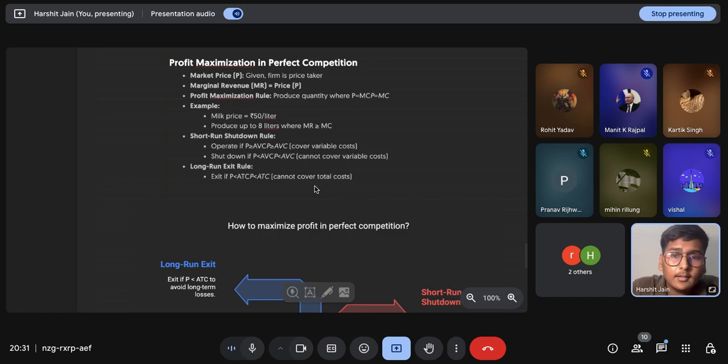So to get the best profit at 50 rupees, the seller has to produce up to 8 liters. If he produces more than 8 liters, he will incur a loss. If he produces less than 8 liters, he gets a profit but less than producing 8 liters.